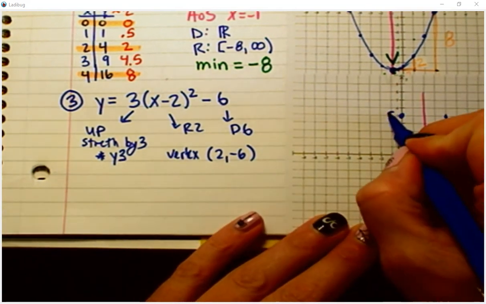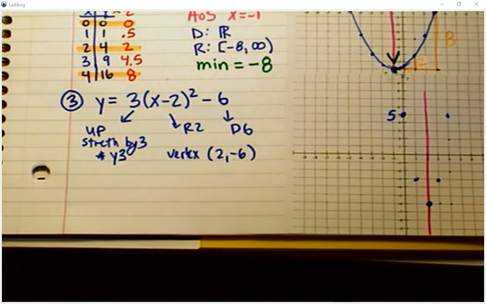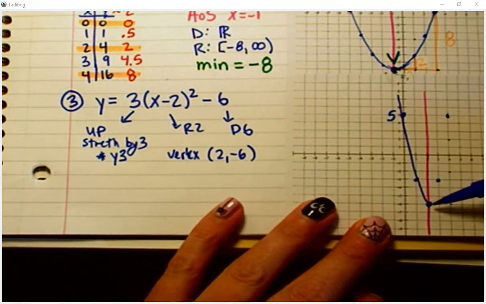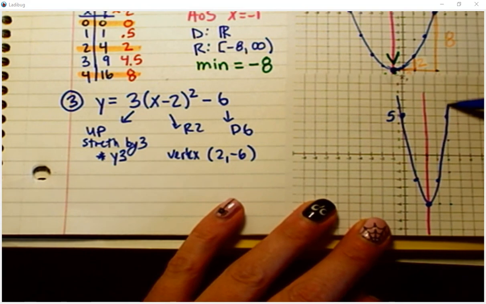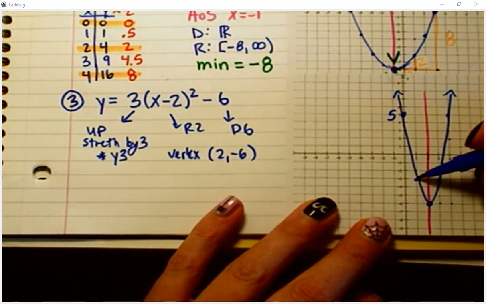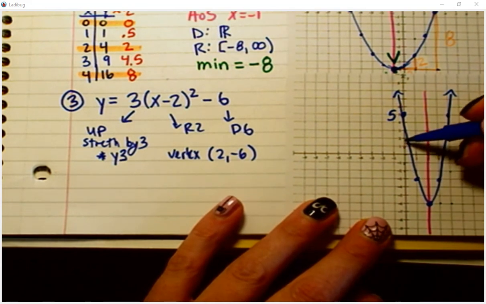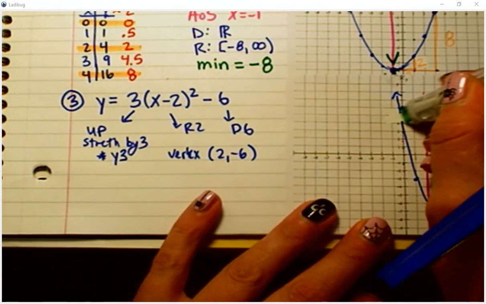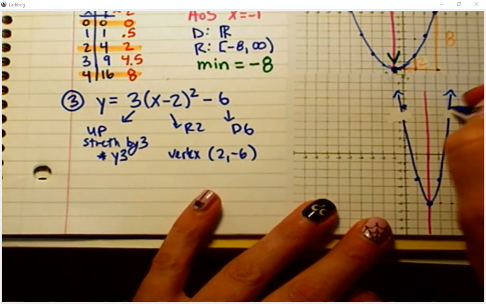The y-intercept should be at the 6. I just couldn't count.